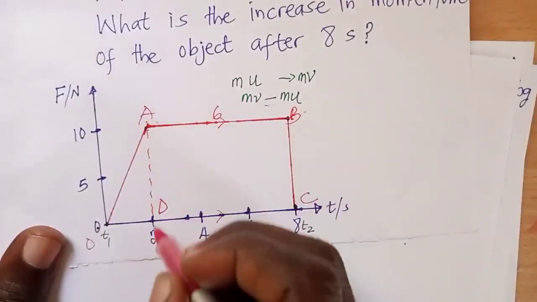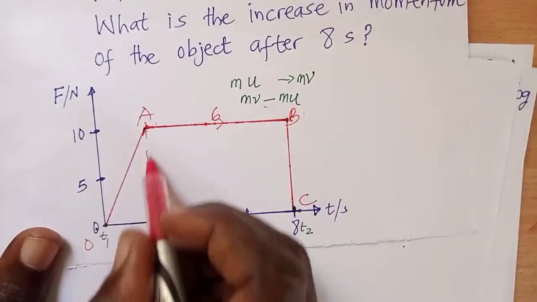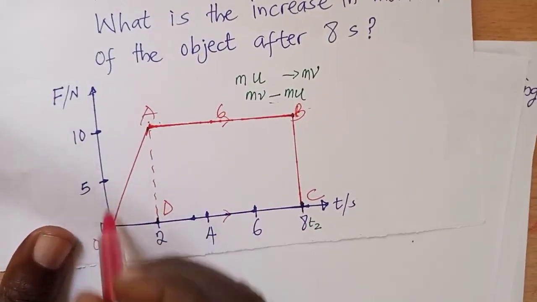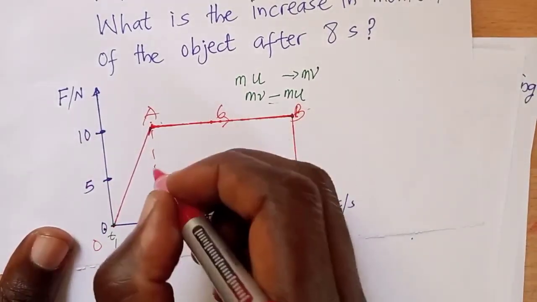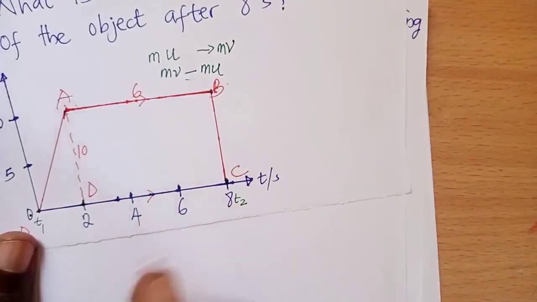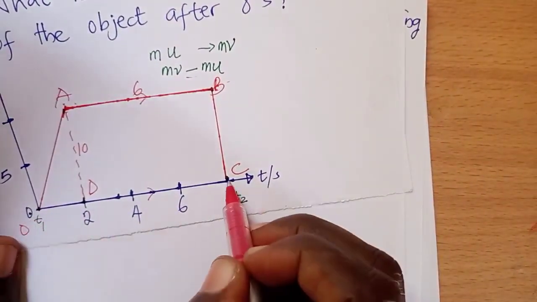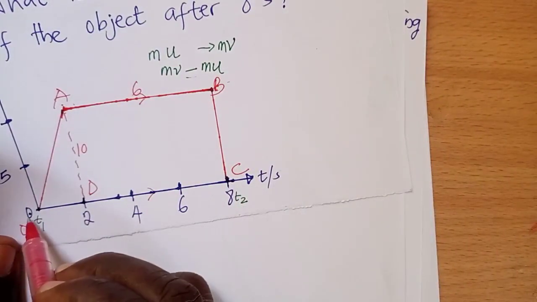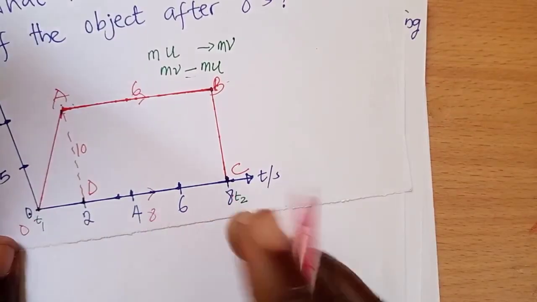Then for the vertical, I go to the vertical axis and say 10 minus 0, which gives me 10. What else do I need? From O to C, 0 to 8, so 8 minus 0, this is 8.